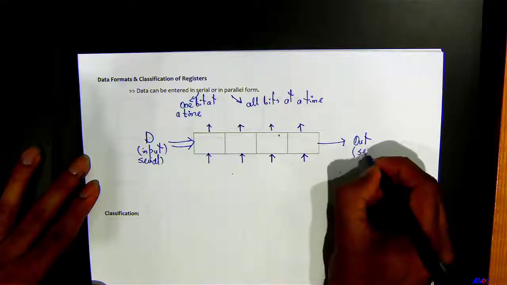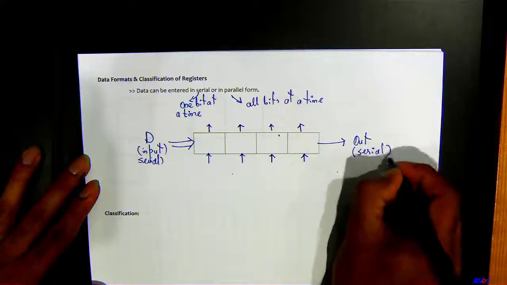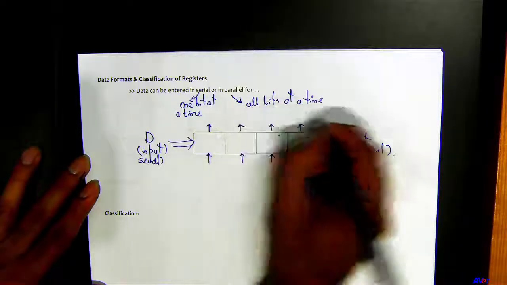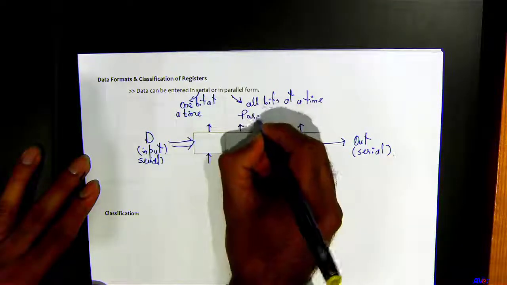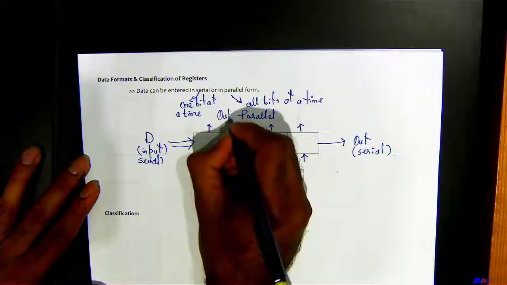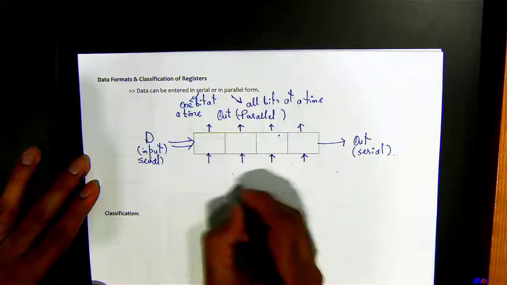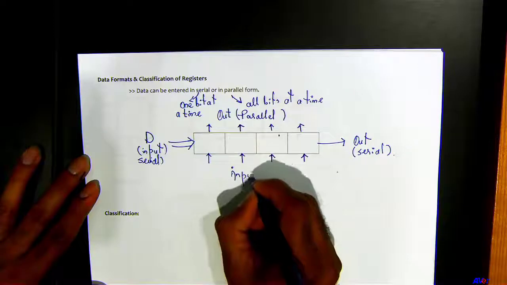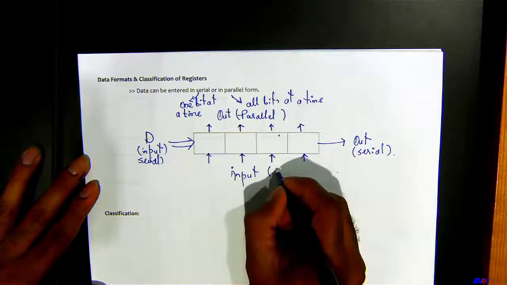This is the serial out, and then this is the parallel out. And then the input, serial or parallel.